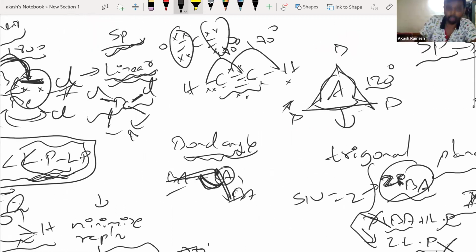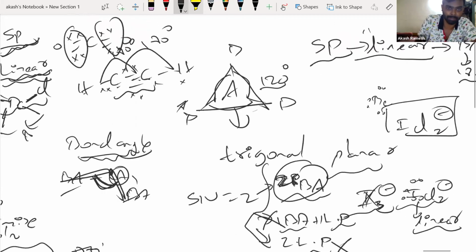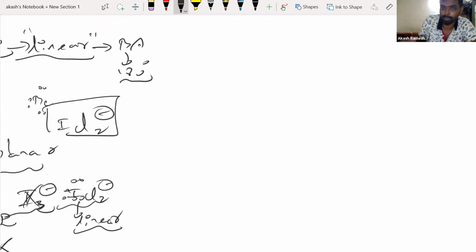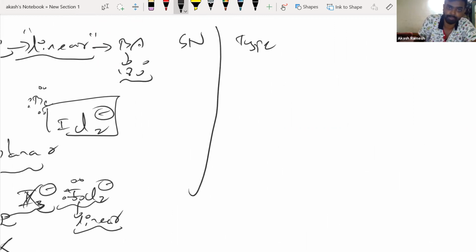Right. Now what we'll do is we'll make a small table, people, and you keep on filling this table as we progress. Say I'm going to have a steric number, type of the molecule. If I know the steric number, I know the hybridization also, right?